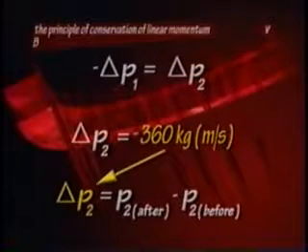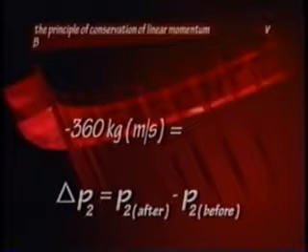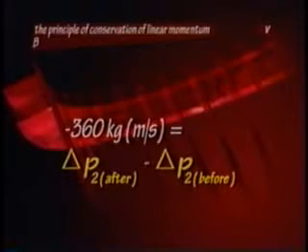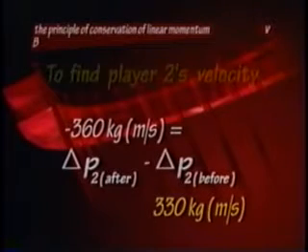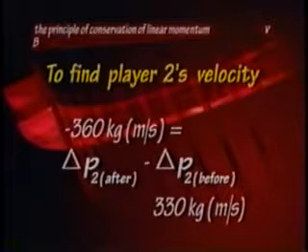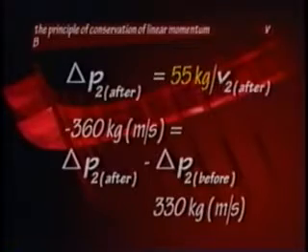Plug that into our other equation, and we see that delta P2, negative 360 kilogram meters per second, equals P2 after minus P2 before. We already found P2 before to be 330 kilogram meters per second. So in order to find player 2's velocity after the collision, we need to solve for P2 after. Remember that P2 after equals m times V2 after, and the mass of player 2 equals 55 kilograms.